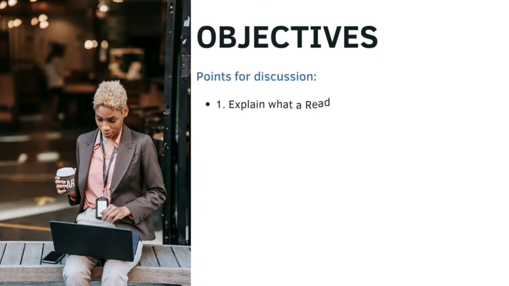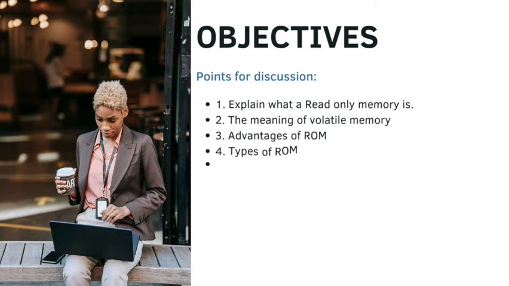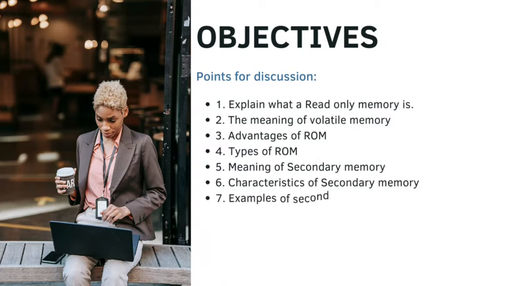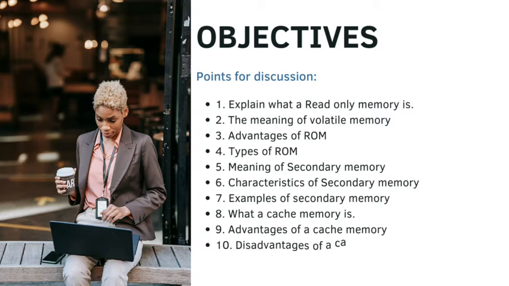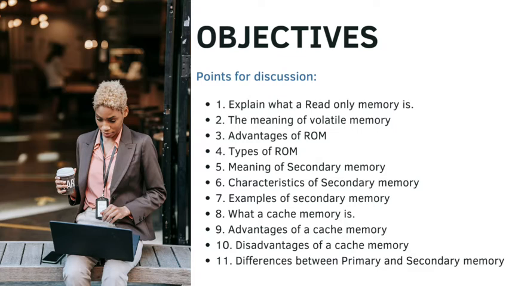The objectives of the class: we'll be knowing the meaning of RAM, the meaning of a volatile memory, the advantages of RAM, types of RAM, the meaning of secondary memory, the characteristics of secondary memory, examples of secondary memory, the meaning of cache memory, advantages of cache memory, disadvantages of cache memory, and the difference between primary and secondary memory. All of this we're discussing right here in this class.